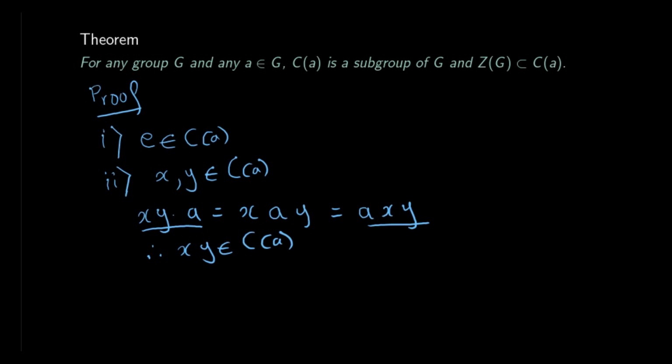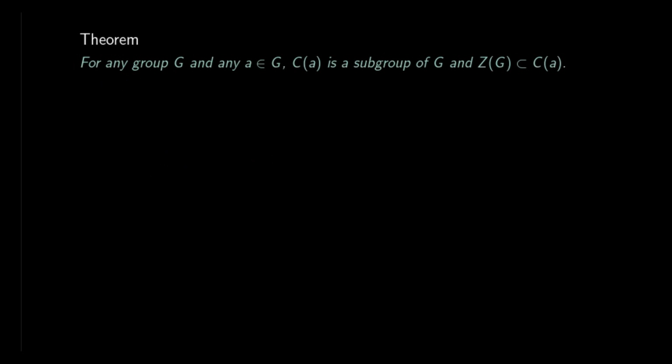Next, we need to prove that C of A is closed under taking inverses. So let us start with an element x inside C of A. This argument is very similar to the argument that we have done for the center of the group. Here we see that x times A is equal to A times x.